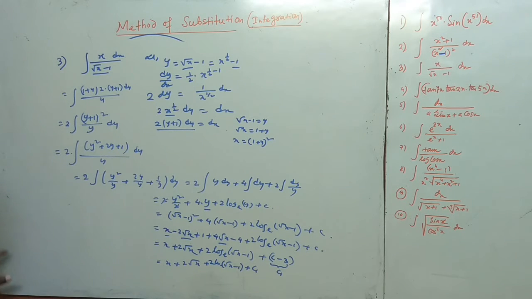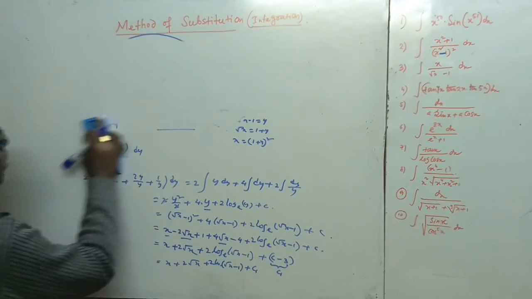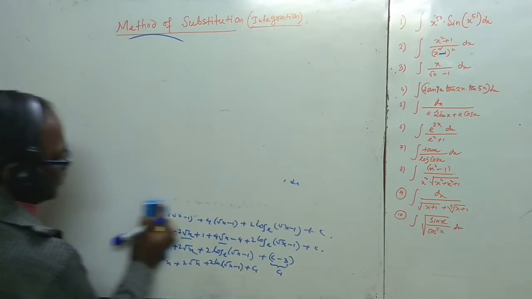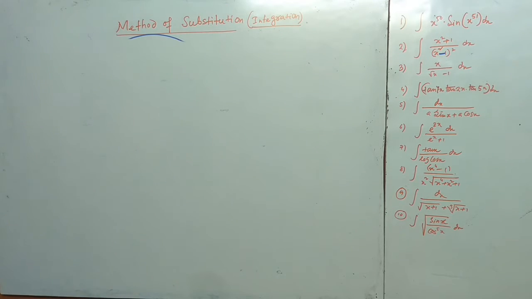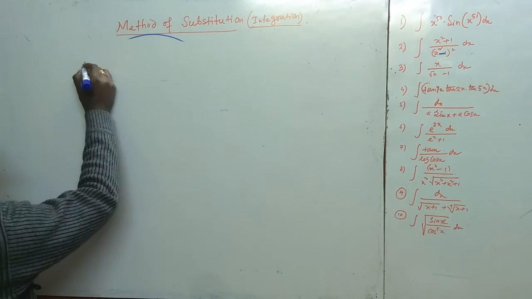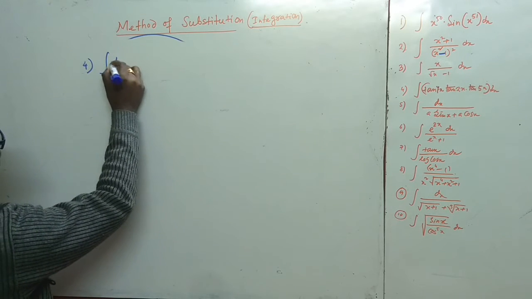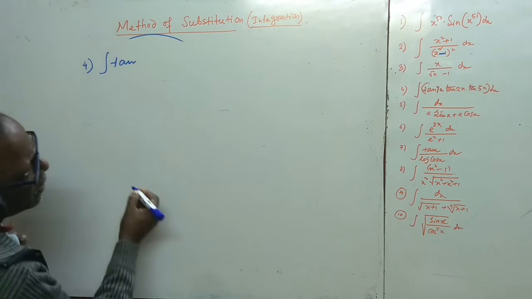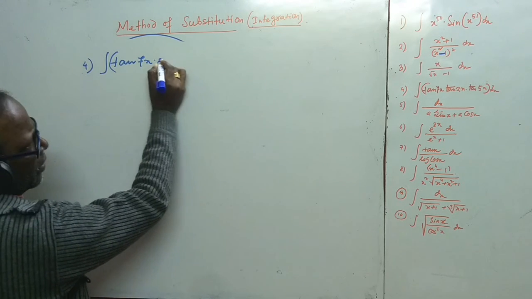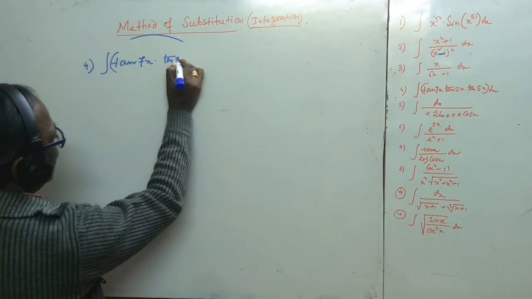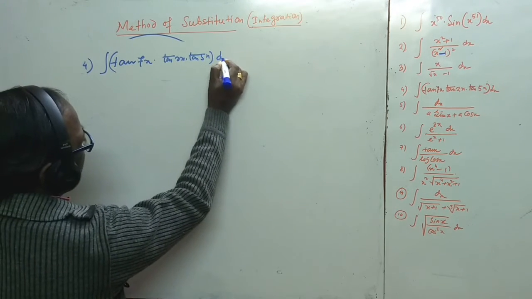Okay, now question number 4. Now see the question number 4. This is another formation, that is the product of tan 7x, tan 5x, tan 2x dx.